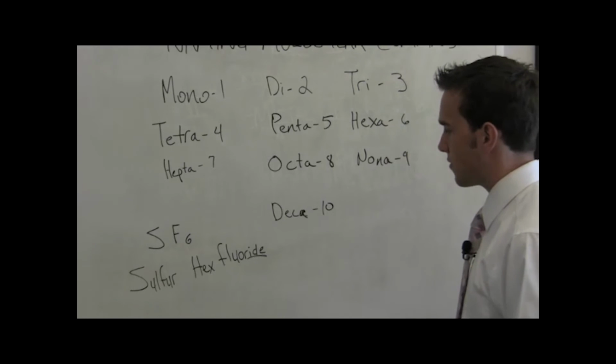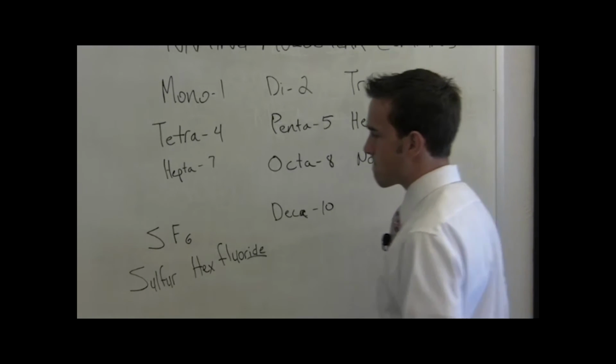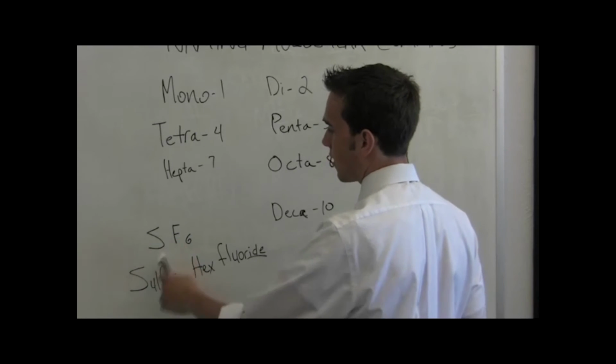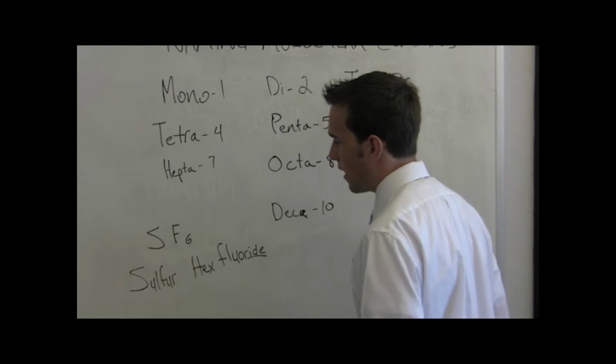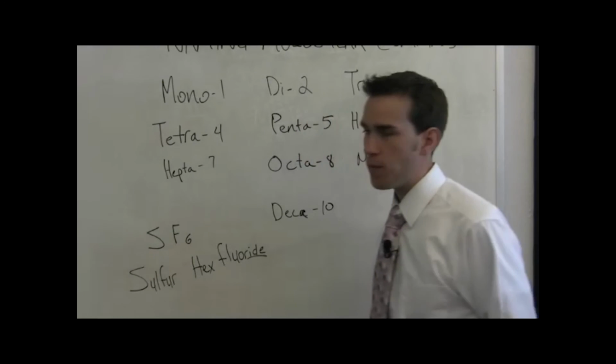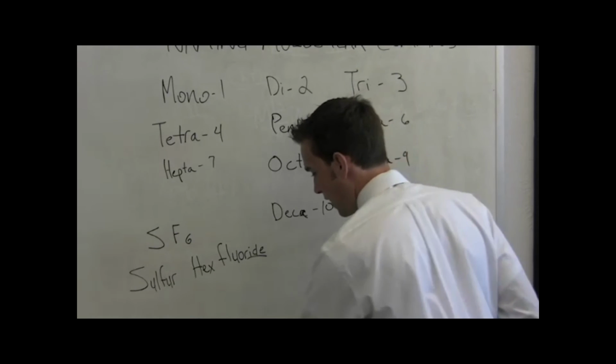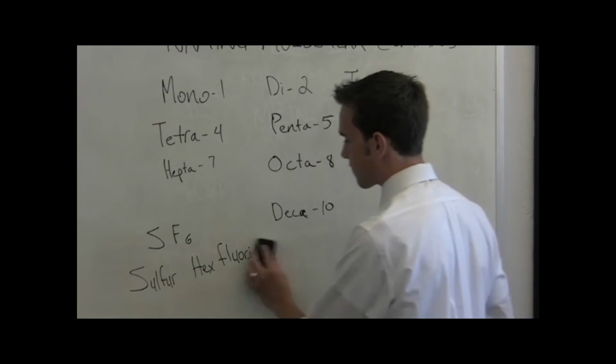So sulfur hexafluoride. And notice that this first element in the compound, if there's only 1, we'll name it just based on its regular name. It won't change at all unless there's more than 1, and then we'll use the prefix.